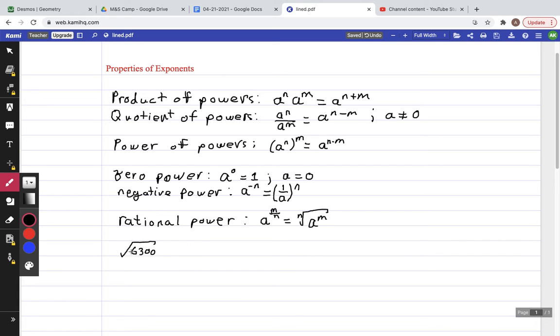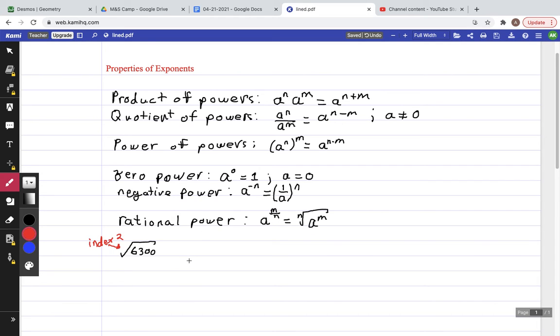Now, we notice that there's not an index written here. And what that means is that our index is 2. So if we don't have an index showing, we have an index of 2, which means that if we were using the method discussed in the previous video, we would factor this down, circle pairs, and then every pair that we have we can factor out.